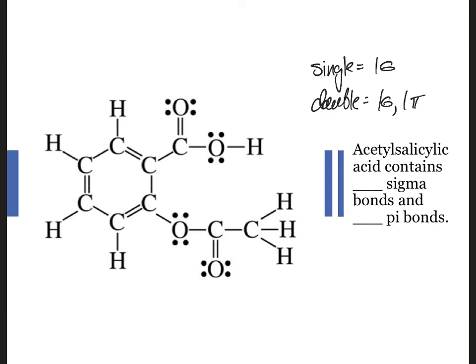If we go back and count the single sigma bonds, we have 1, 2, 3, up through 21, so 21 sigma bonds. If we count the pi bonds, everywhere we have a double bond we're also going to have a pi bond. So we have 1, 2, 3, 4, 5 pi bonds.